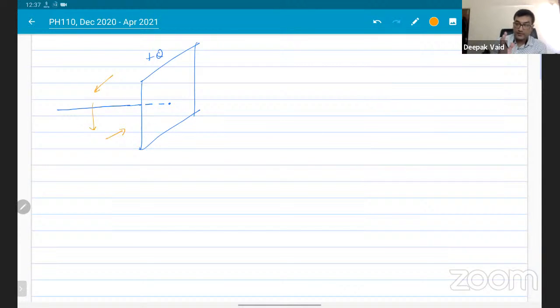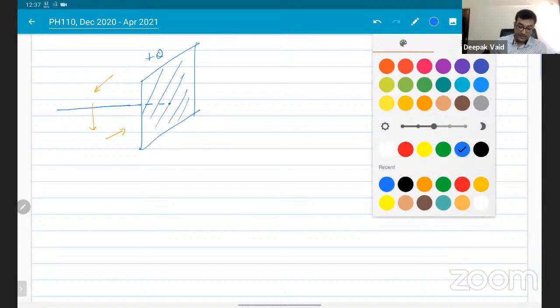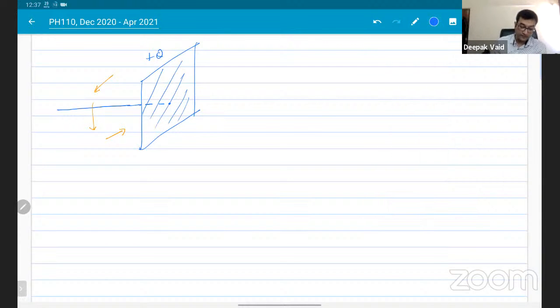Now, as you reach the conductor from the left-hand side, what is the direction of this magnetic field? It lies in the plane of this sheet of charge.